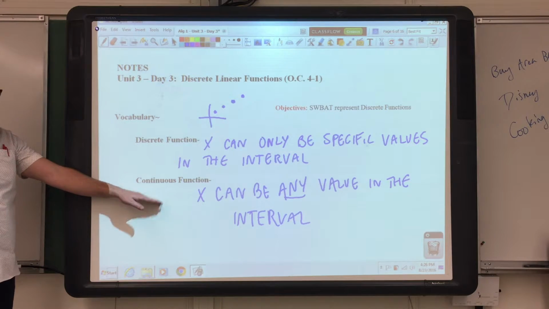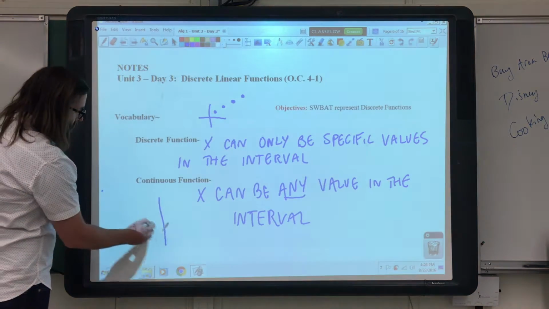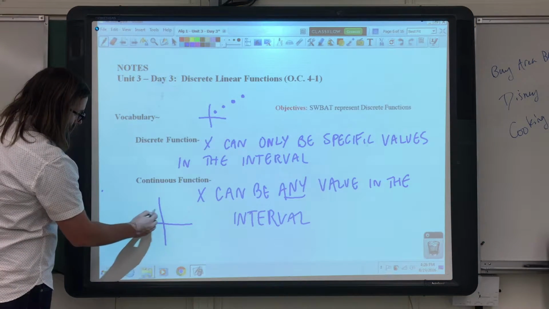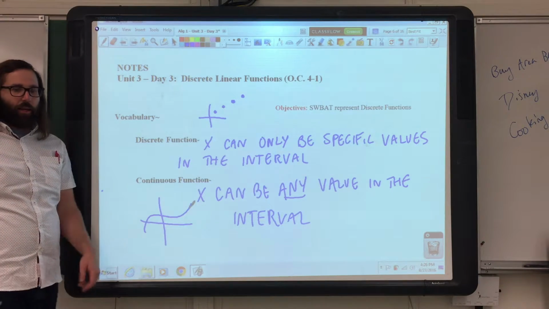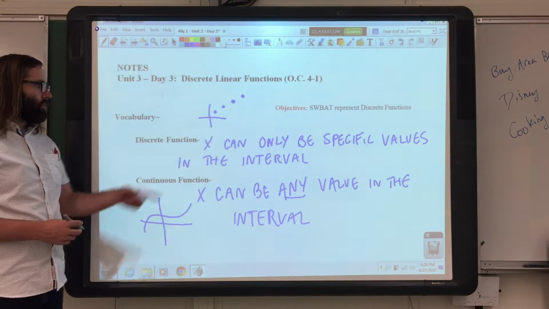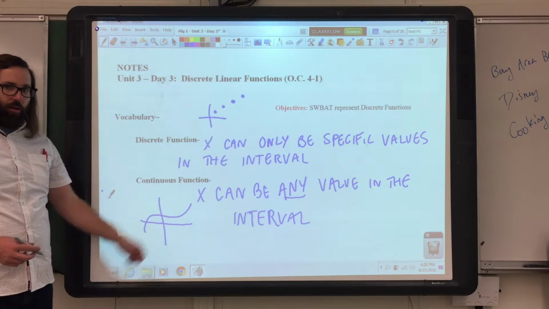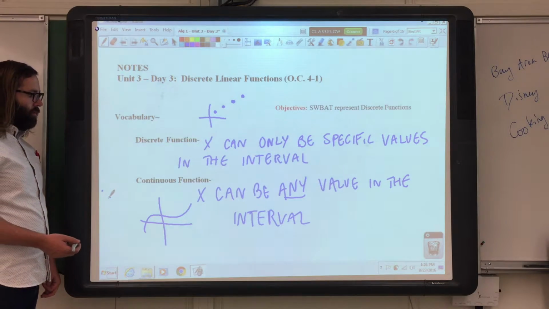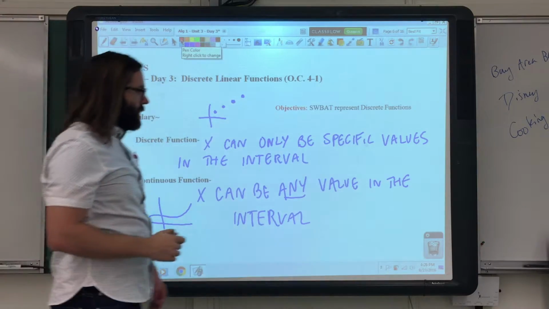You have a continuous function, that's where x can be any value in the interval. So think of it like something like this, where the points are all connected. Okay? Discrete, not connected, continuous, connected. Think of it like that.